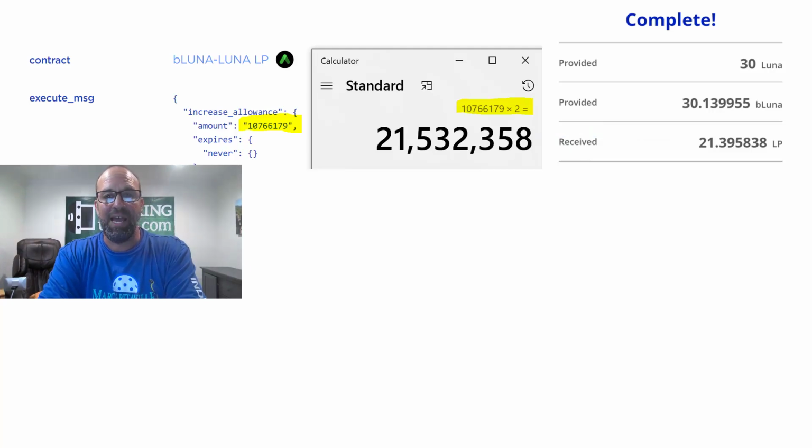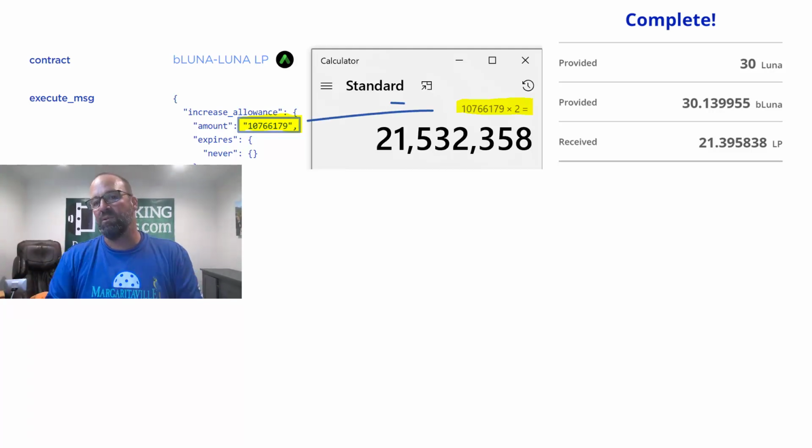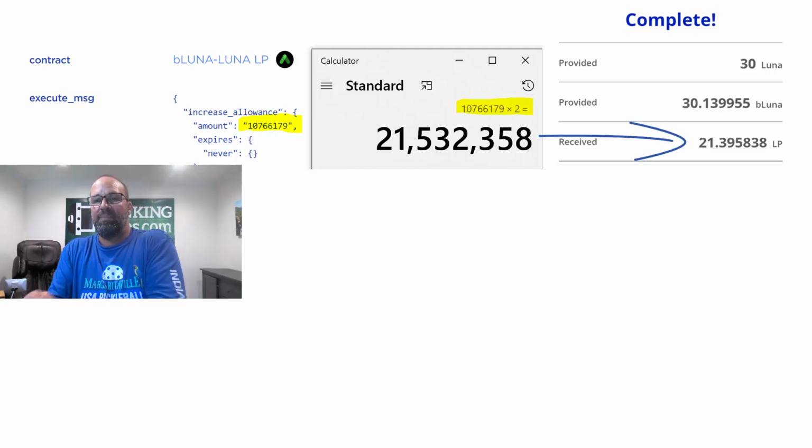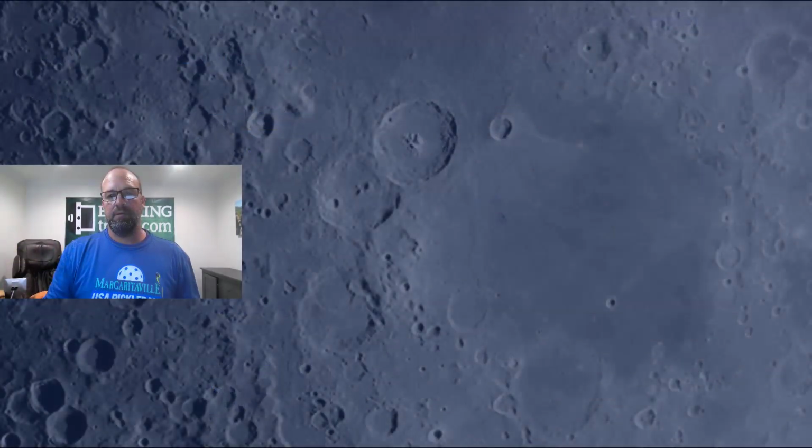It had me provide 10.766179. And when I multiply that by 2, you can see that actually equals more than what I actually had in the Luna bLUNA. So things started out a little bit skewed and there was nothing I can do about it, but don't worry, I account for this in my calculations and I think my thesis still holds true.